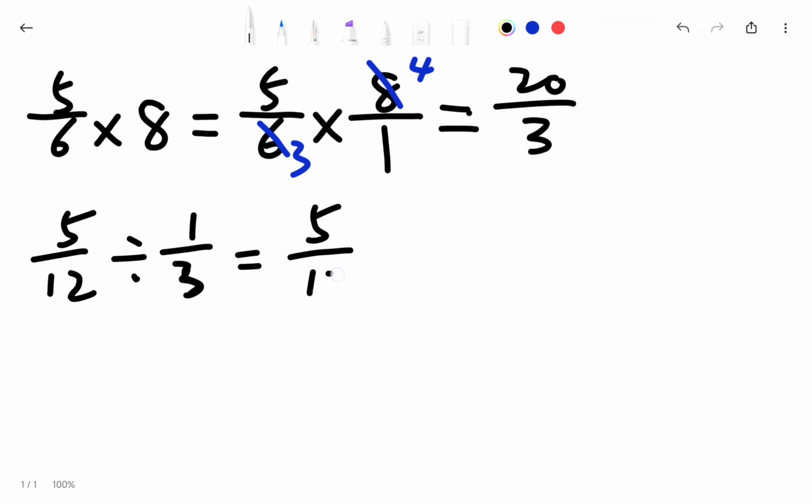How do we do that? There are 2 small steps. One is to change the divide sign into multiply and then flip the second number to its reciprocal. So 1/3 becomes 3/1.